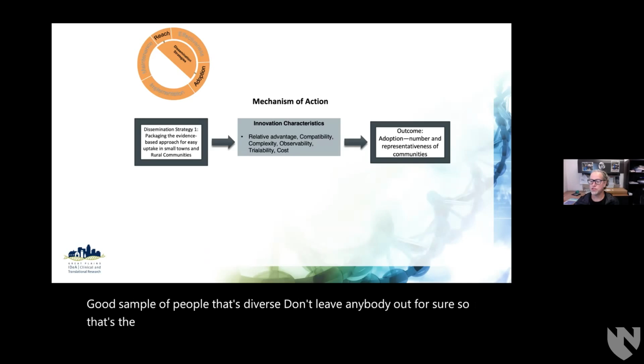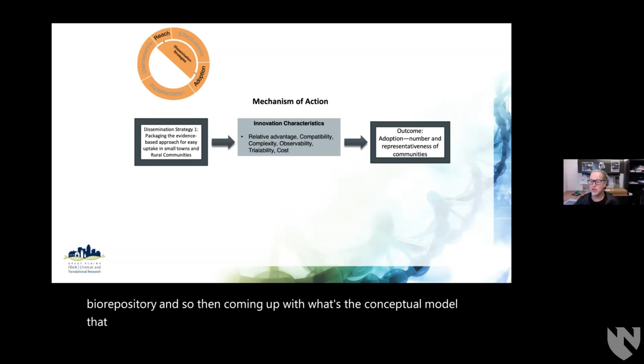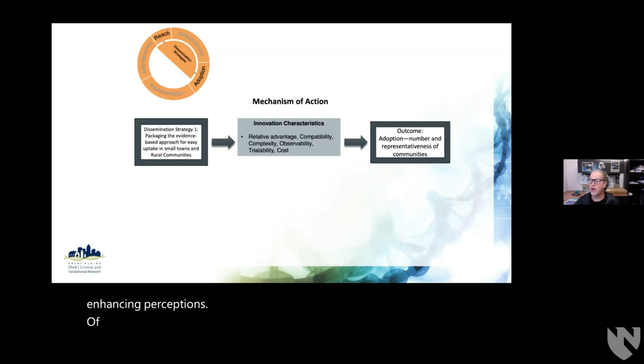You want the diverse sample within that biorepository. And so then coming up with what's the conceptual model that would enhance the diversity within that repository. And one factor within there could be leveraging social norms related to providing this and enhancing perceptions of community value in that.